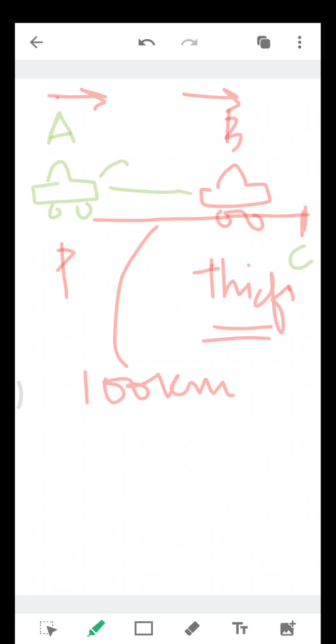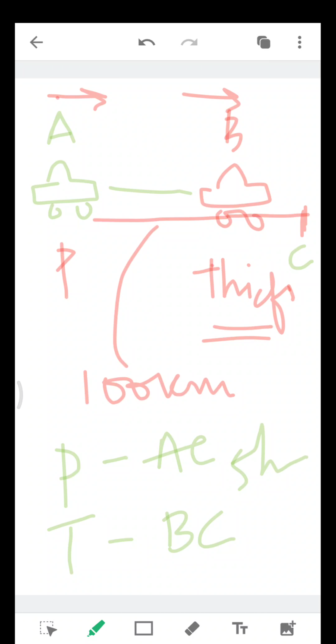They have to cover this distance and run behind the thieves. So distance traveled by the police car is from A to C, isn't it? Police car traveled from A to C and the thief's car traveled from B to C, in say 5 hours something.